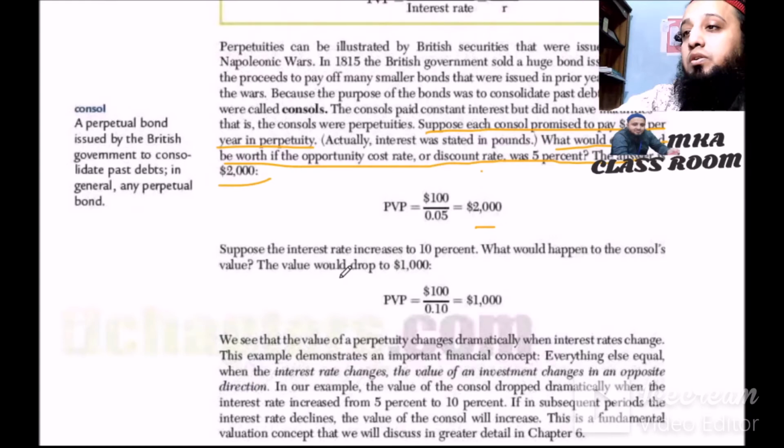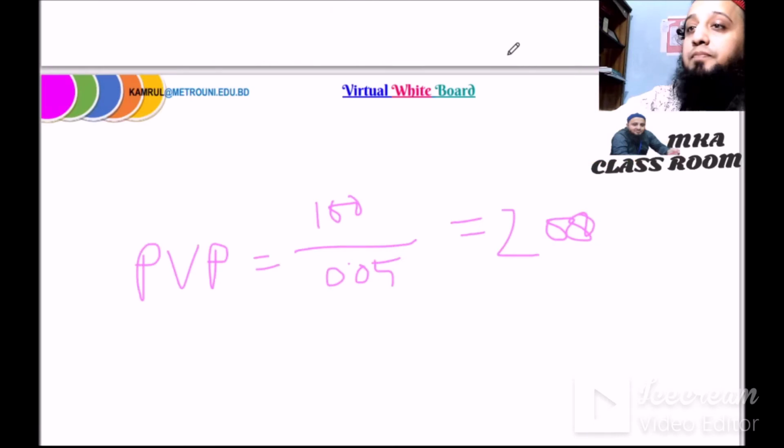So PVP, present value of perpetuity, equals 100 divided by the interest rate increased to 10%, so the value is 1000 taka. Actually, these are the problems of perpetuity, the endless annuity.